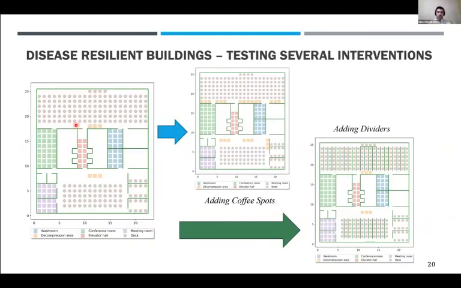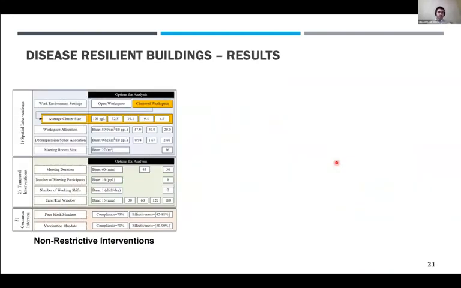So the total number of people sitting in each cluster is being reduced, for example, by dividers, the workspace allocation, the composition of the space allocation, the compression, the coffee spot, meeting room size to be increased in size, or the maximum number of people in the meeting room to be reduced.